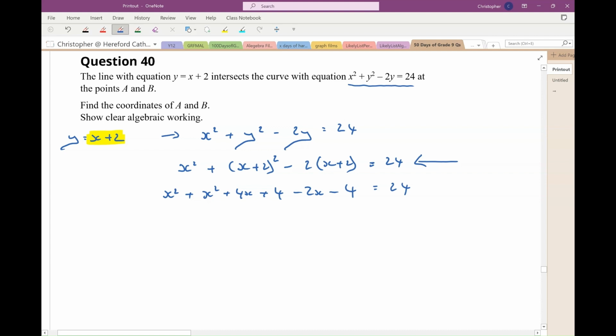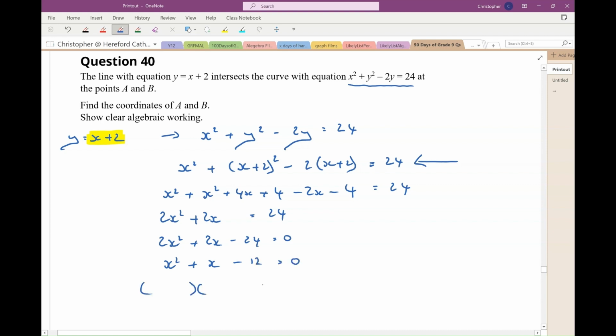Let's tidy up the left-hand side here. 2x squared plus 4x minus 2x is plus 2x. And then I've got plus 4 minus 4, and that equals 24. Set this equal to 0. 2x squared plus 2x minus 24 equals 0. Divide by 2. x squared plus x minus 12 equals 0.